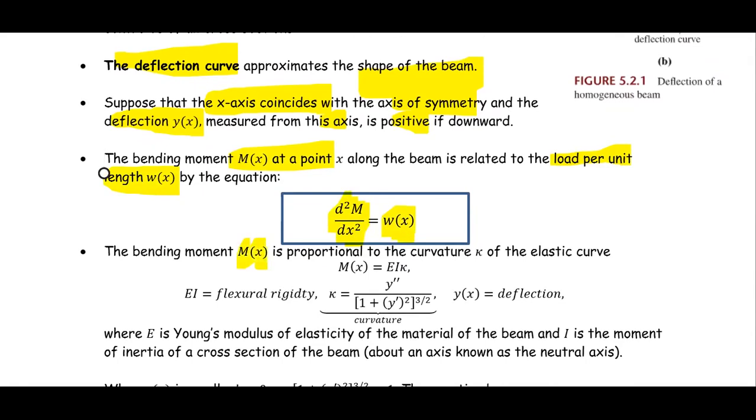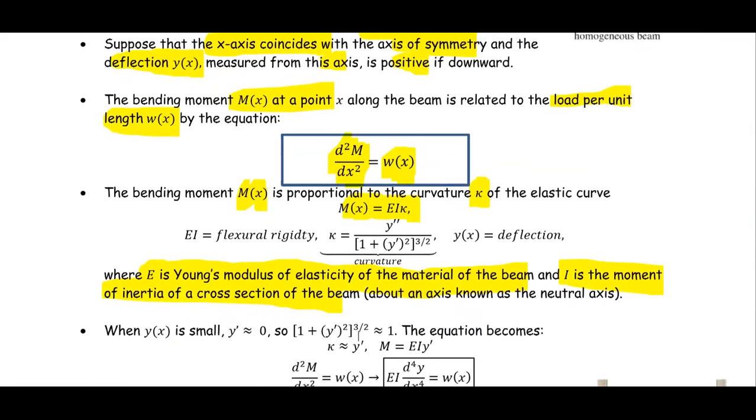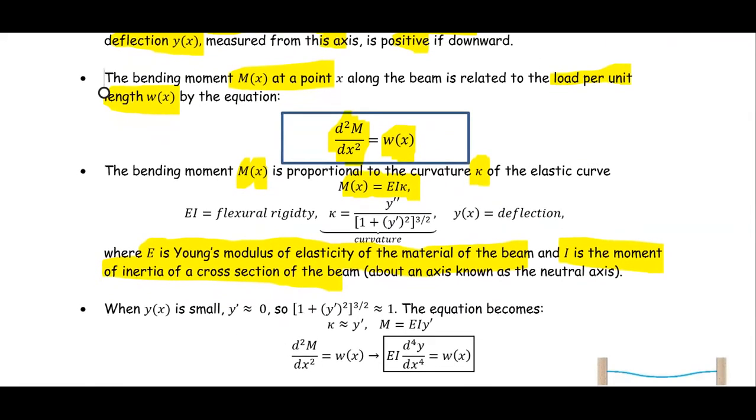The bending moment M is proportional to the curvature k, as M equals EI times k, where E is the Young modulus of elasticity of the material of the beam, and I is the moment of inertia of the cross section of the beam about the axis known as the neutral axis. The curvature has the form y double prime divided by the quantity 1 plus y prime squared, raised to the power 3 halves, where y is the deflection.